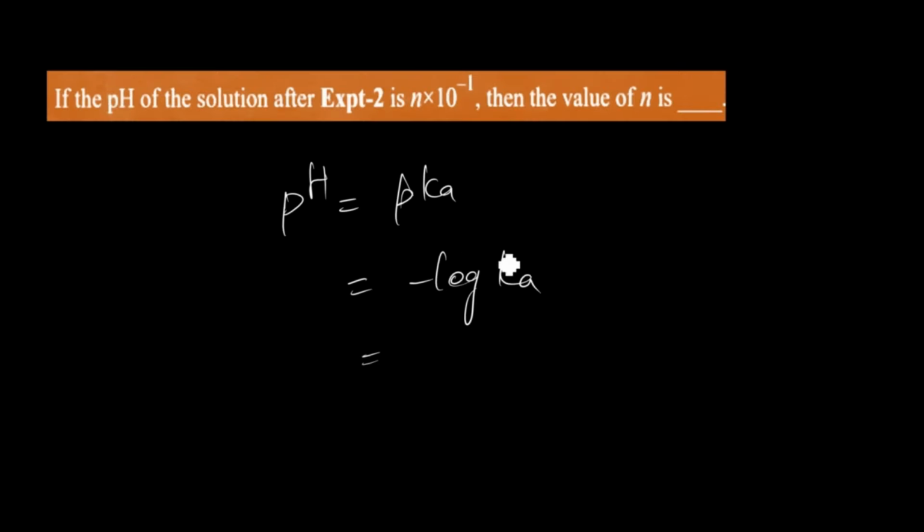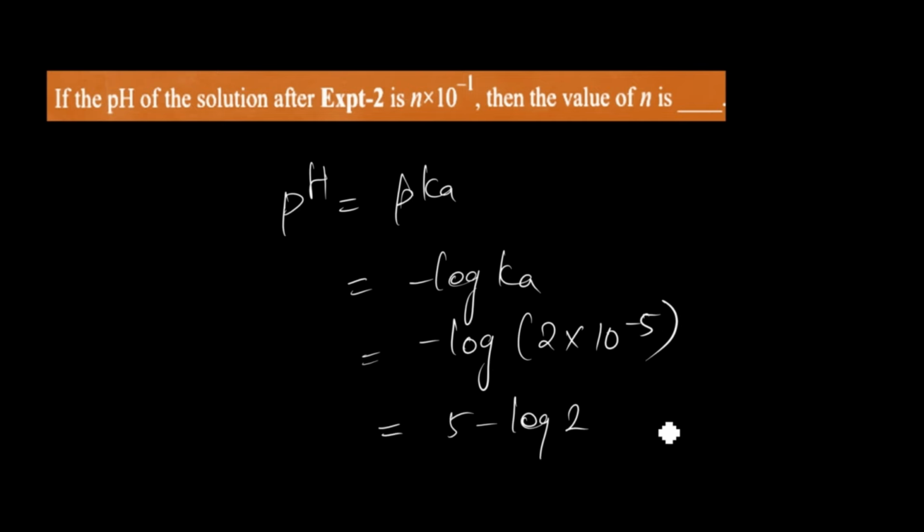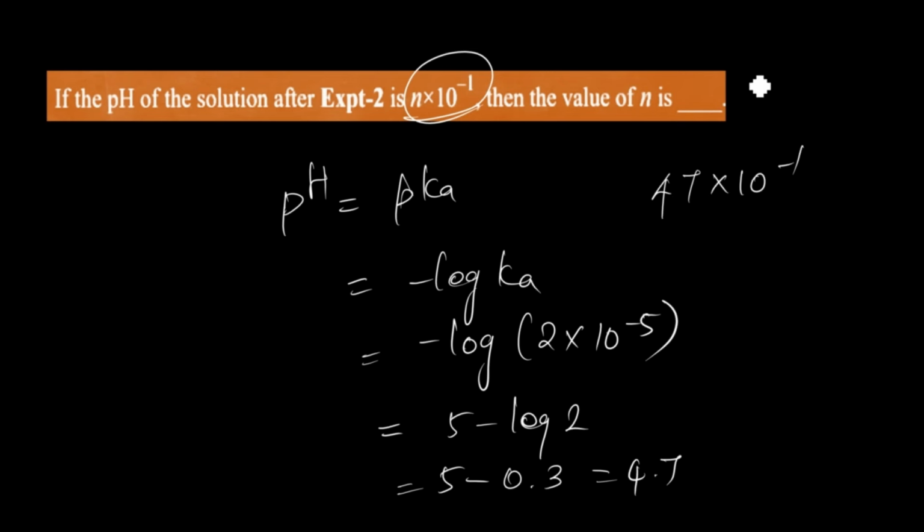So I'm just substituting the values. Minus log of 2 into 10 to the power minus 5. By solving this, log 2 is 0.3, so 5 minus 0.3 is 4.7. They are mentioning it as n into 10 to the power minus 1, so 47 into 10 to the power minus 1. So 47 is your answer.